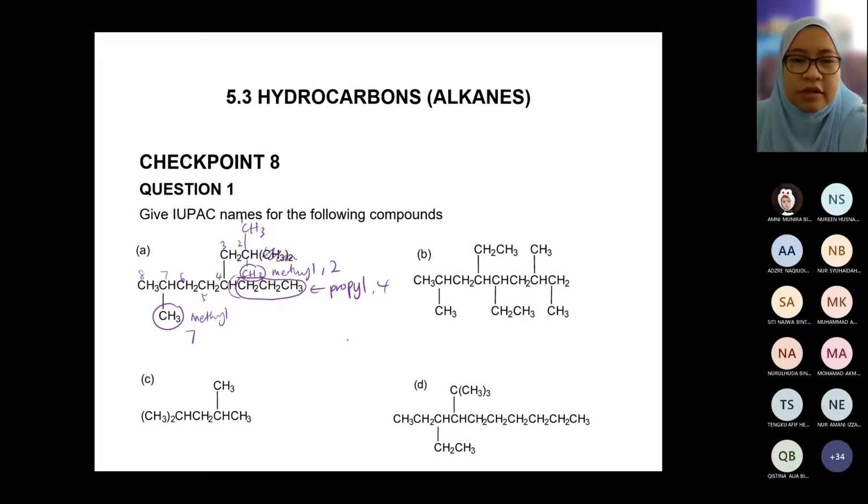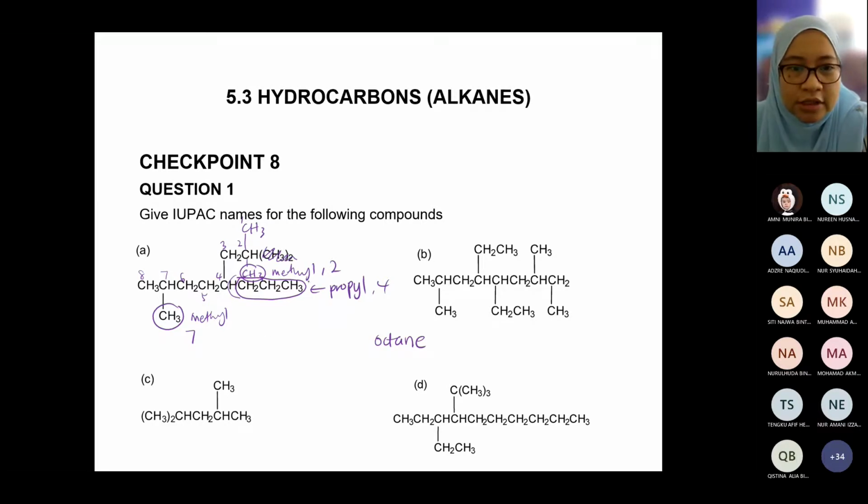So to name it, we're going to start with the parent first. There were 8 carbons in total from top to bottom, so it will be known as octane, guys. We have propyl and methyl. P and M, which comes first? M comes first. It is not based on numbering; when writing the name, we go by alphabetical order.